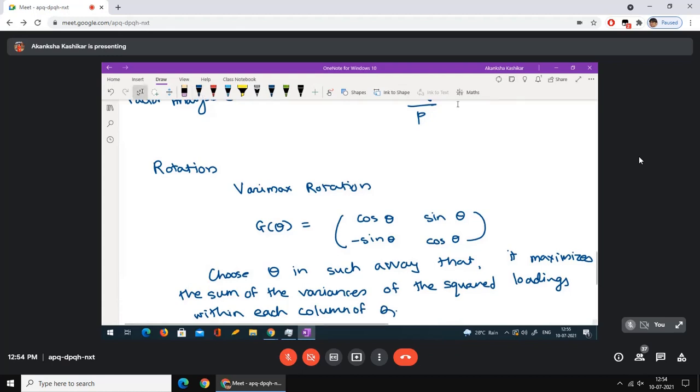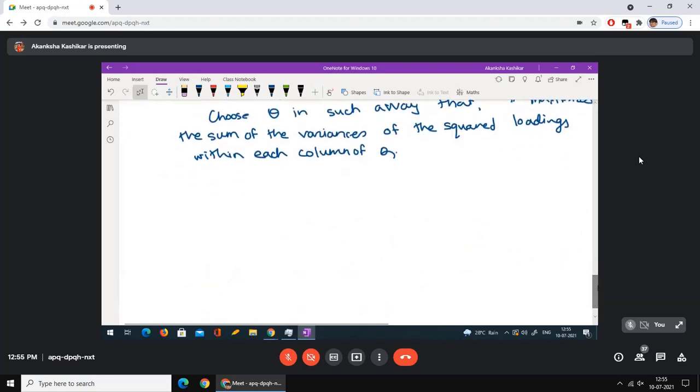Maybe if I write it mathematically, it would be more clear. Sometimes notations are more useful than the description. So let me write the form. We define q_jl tilde as q_jl hat divided by h_j hat.